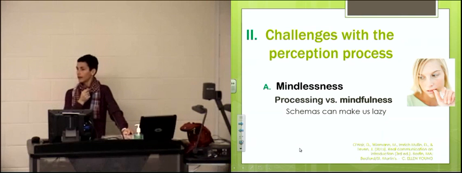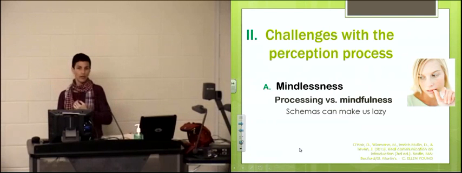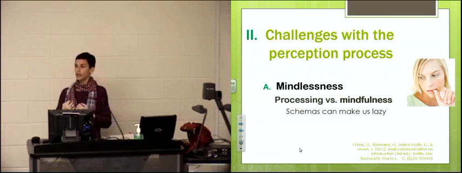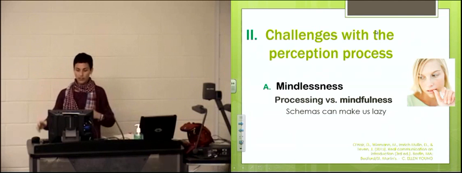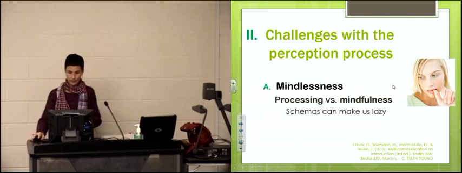We decide right away because our schema already tells us. And it takes more effort to take in and organize more information. So one of the ways that we can become better at making meaning from symbols is to actively engage in the process and allow our schemas to grow and change.